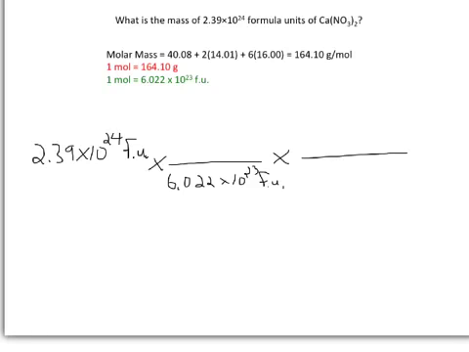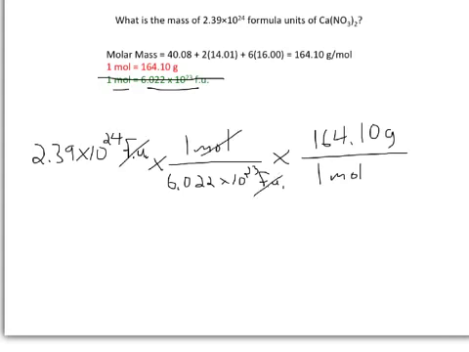That means that went in the denominator, so that will go in the numerator. Alright, so I've used that conversion factor. So now I have moles in the numerator. I need moles in the denominator, so I'll use my other conversion factor. 1 mole, and then its partner goes at top, 164.10 grams. So formula units cancel, moles cancel, and I'll be left with grams. And when I multiply this out, the answer that I get is 651 grams.